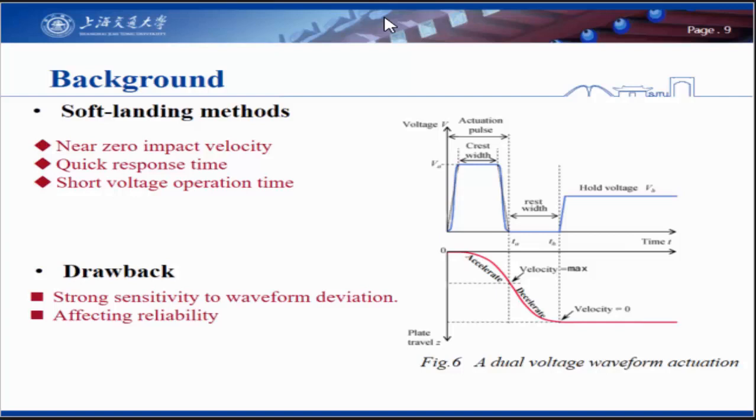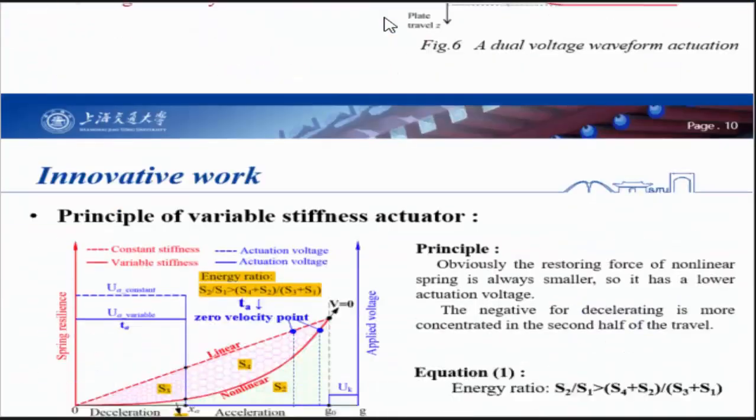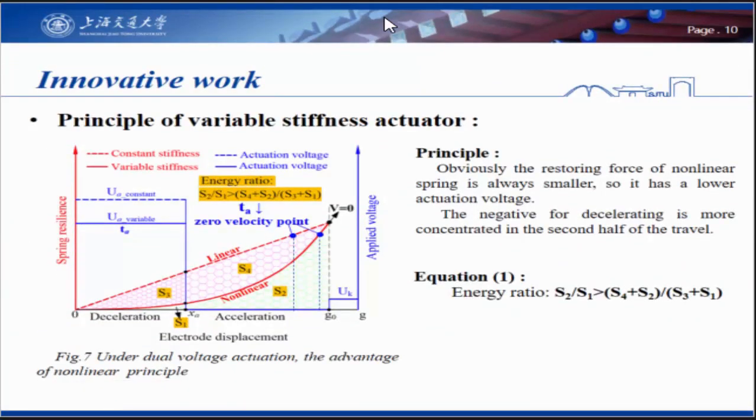So we proposed an inherent variable stiffness approach to reduce the driving voltage and suppress impact velocity. Next, the variable stiffness approach will be presented and shown in figure 7.